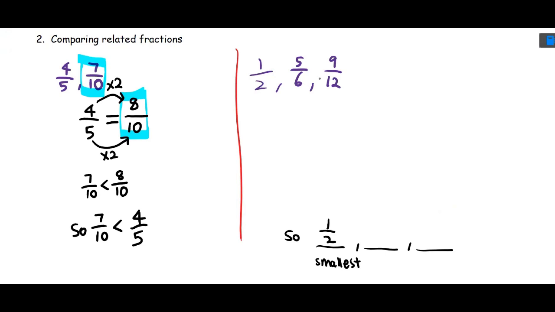Okay, so I need to change all my fractions such that they have denominator 12. This would mean that I take 6 times 2 and 5 times 2. Okay, since I already concluded that half is the smallest fraction, I just need to compare 9/12 and 10/12.